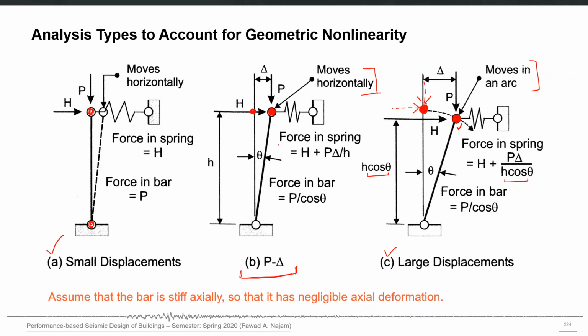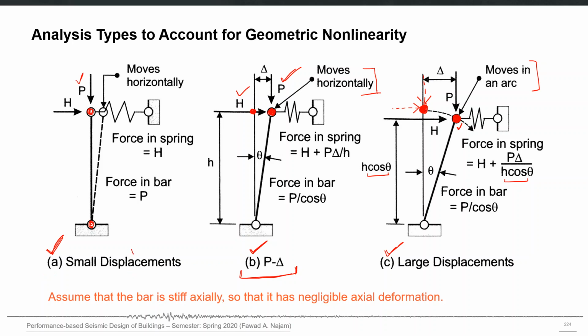The force in the bar will be dependent on the P value. The force in the spring will be dependent on both H and P in analysis B and analysis C. But the force in the spring will not be dependent on the P value for small displacement analysis, which is option A here. So the summary is that P delta analysis is in the middle between two extremes.